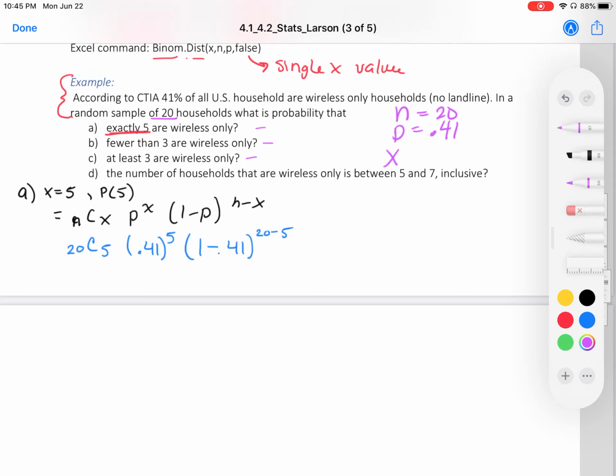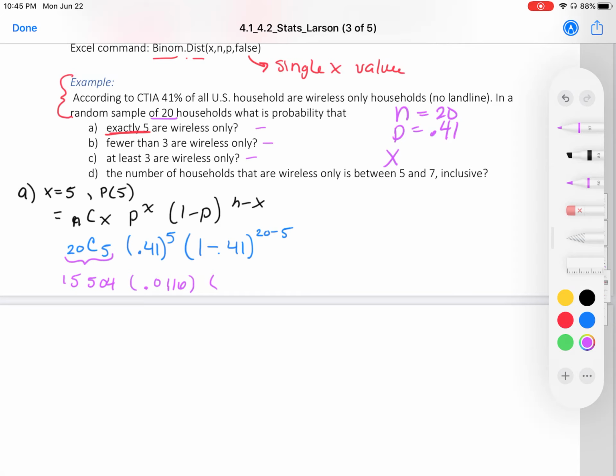All right, so if you're interested in a calculator, 20 choose 5. This is the calculator command. It's a really big number, 15,504. 0.41 raised to the fifth power is 0.0116, and 1 minus 0.41, that's 0.59 raised to the 15th power. Use any calculator, and it's a really small number.